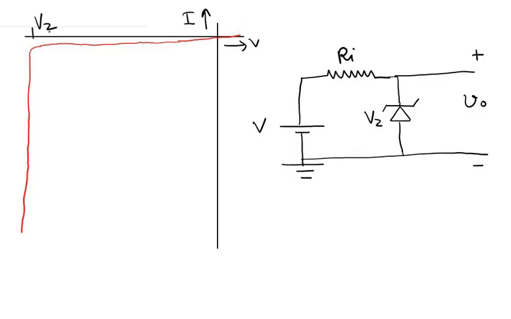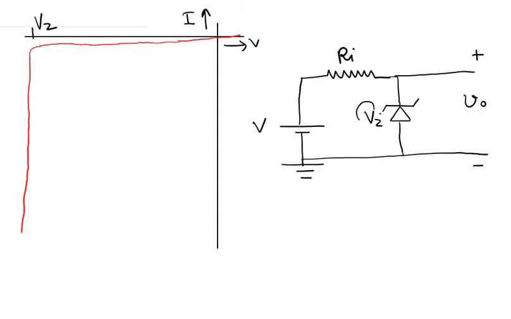Now let us consider this circuit. We have a DC voltage source over here which is connected to the resistor Ri, and then we have this Zener diode which is attached to Ri and the negative pole of the source. This Zener diode has a breakdown voltage of Vz.